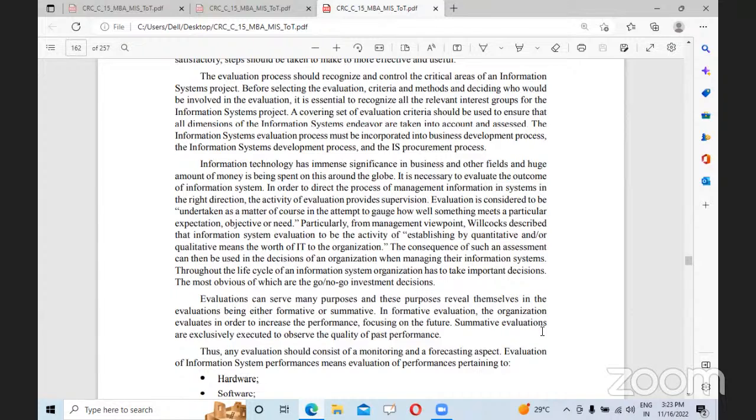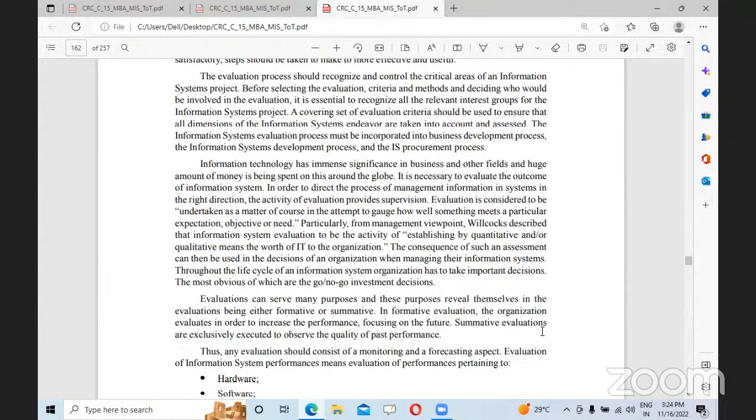Evaluation is considered to be undertaken as a matter of course in the attempt to gauge how well something meets a particular expectation or need. Particularly from management point of view, the methodologies describe information system evaluation to be the activity of establishing by quantitative or qualitative means the worth of IT to the organization.